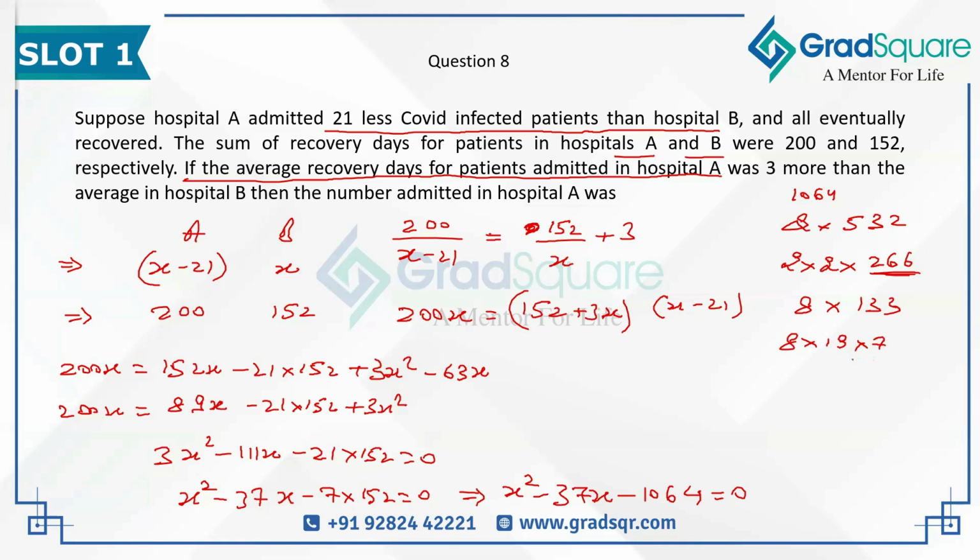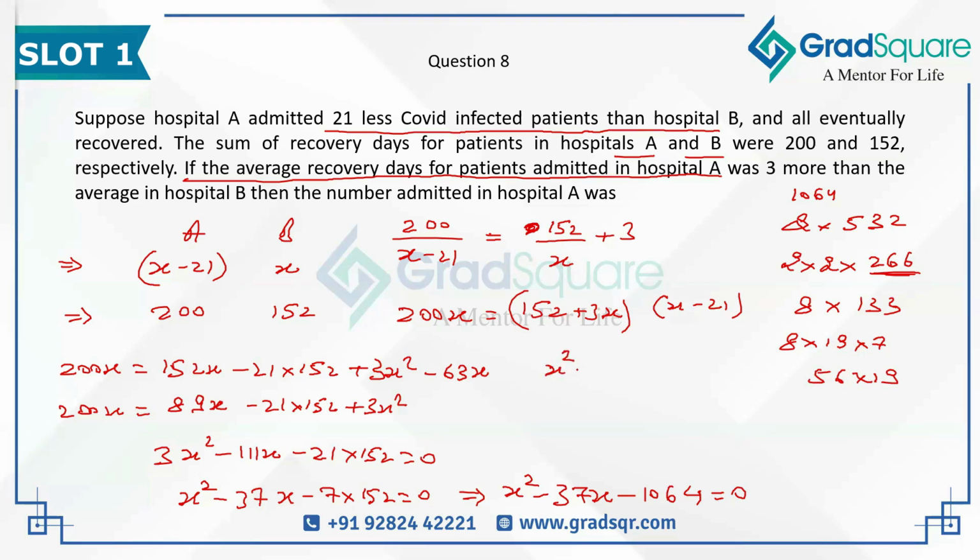Now, if you observe this very carefully, you will realize there is a 56 and there is a 19. The difference of 56 and 19 is 37. So that gives me an idea that I can take 56 and 19. This is one of the ways in which, if you are certain that your value of x is an integer, you can always go ahead and work your quadratic equations that way.